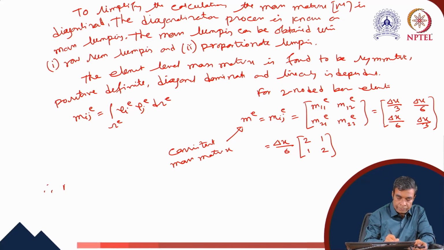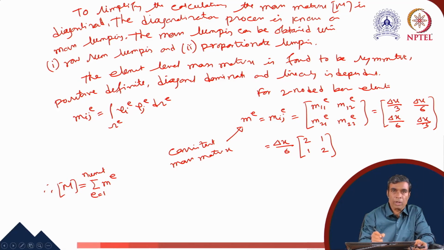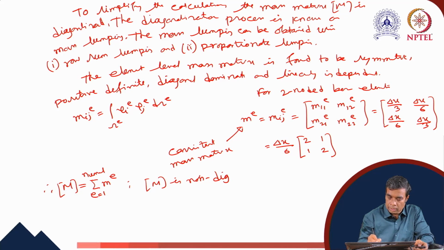Therefore, this assembled mass matrix, when this is generated by assembly operator of the element level mass matrices for all the elements, M is non-diagonal.